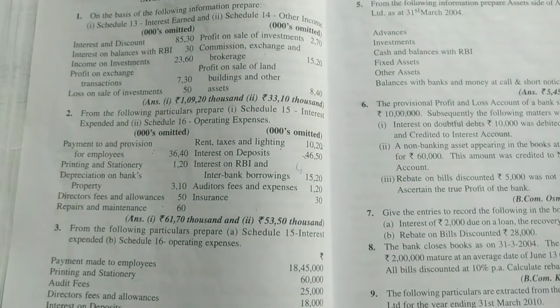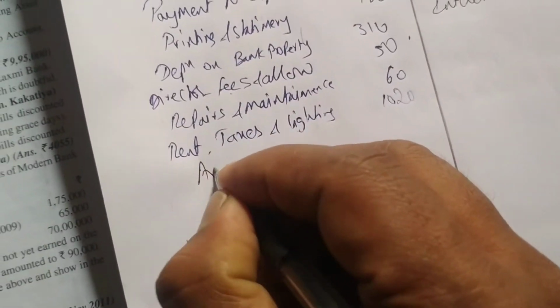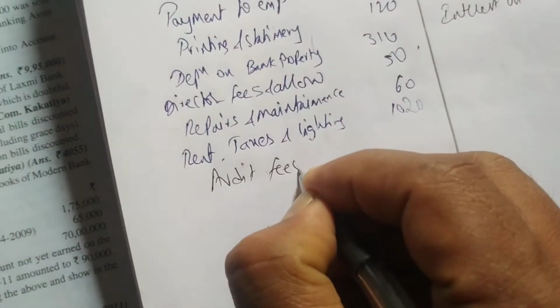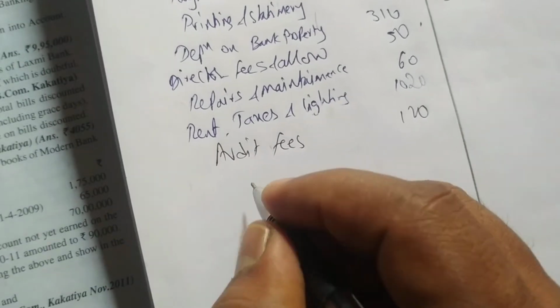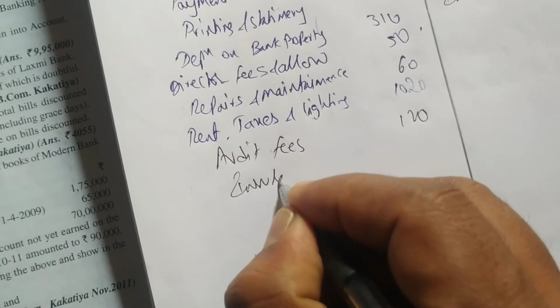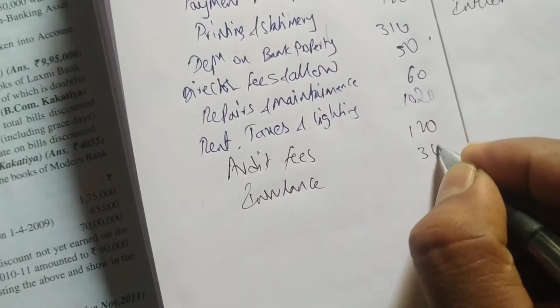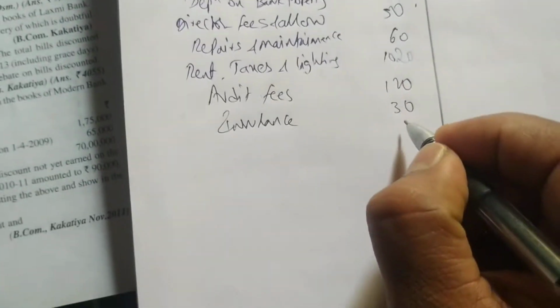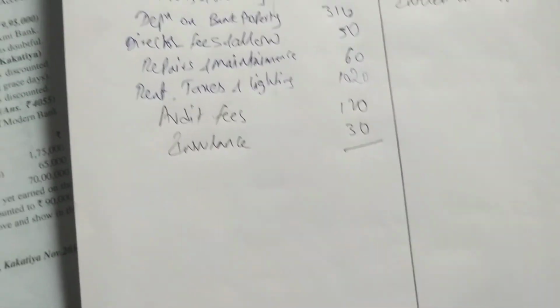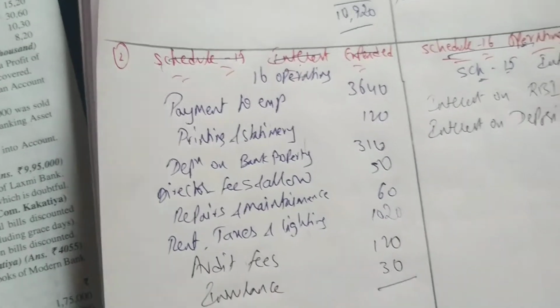Okay, 4650. After that we are having audit fees and expenses. I'm writing audit fees, that's enough. 120. And insurance we are having 30. Okay, so again we'll do the total of these two. Operating expenses total we will do.